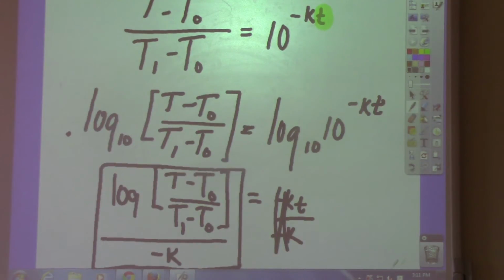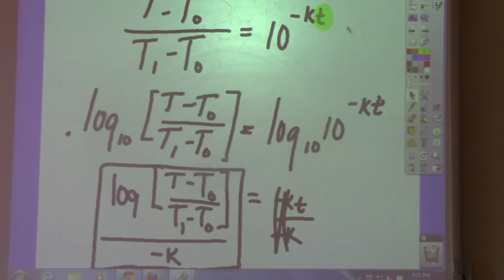Will that be on the test? Probably. Any of the solving. Let me ask you a question. How much of the test is logarithmic rules, in percentage? 10%. What's the rest of it?